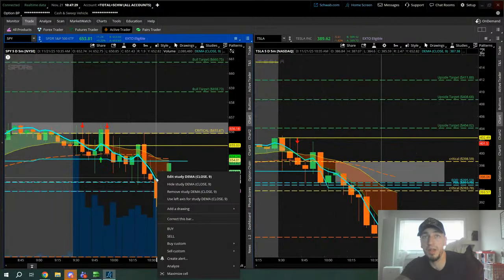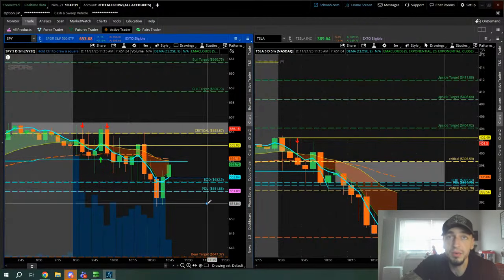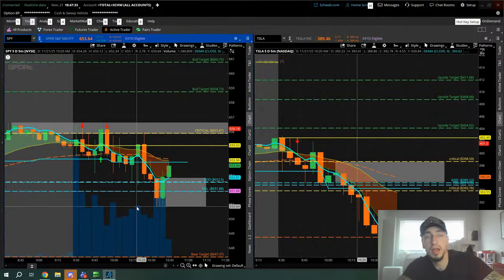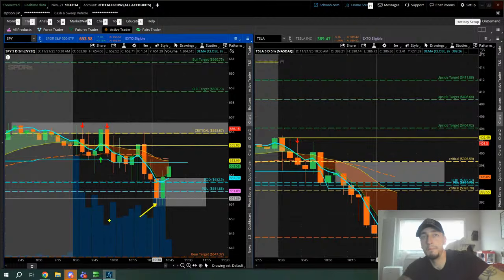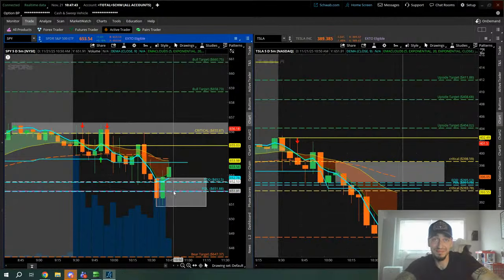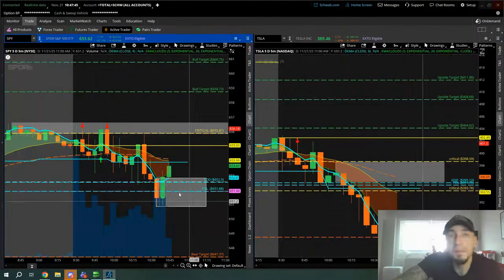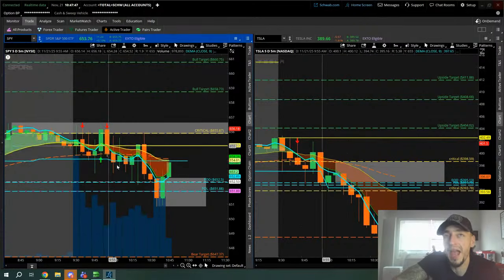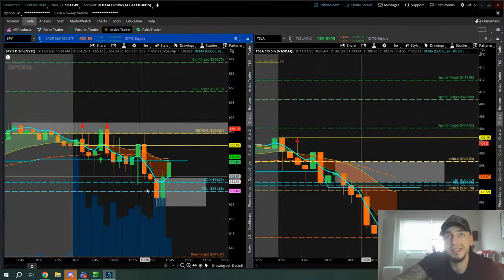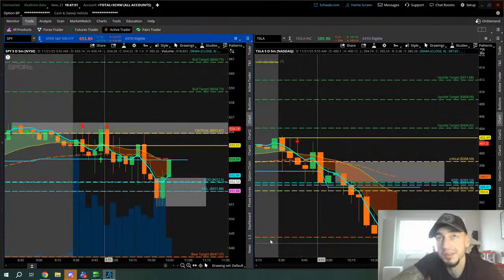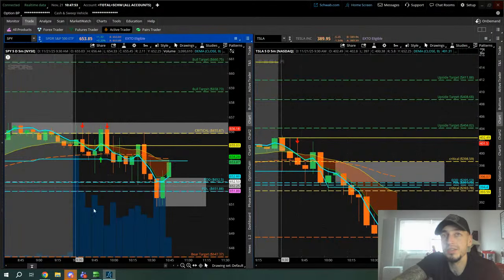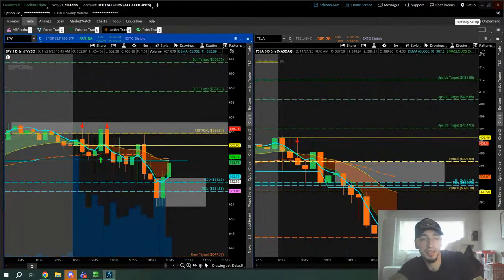Once again, we also have here what Todd likes to call a bull 180. Basically, it's an RBI at the end of a trend to the downside. I'm getting bullish vibes here.